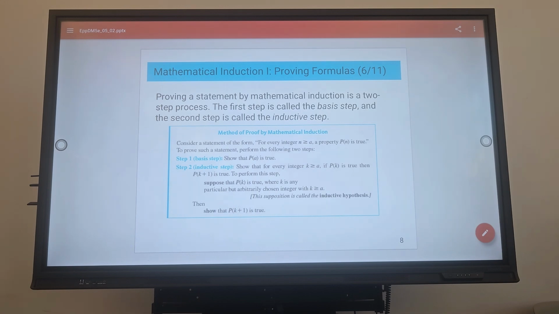Second, the inductive step: show that for every integer k greater than or equal to a, if P(k) is true, then P(k+1) is also true. To perform this step, suppose that P(k) is true, where k is any particular but arbitrarily chosen integer with k greater than or equal to a. This supposition is called the inductive hypothesis. Then show that P(k+1) is true.